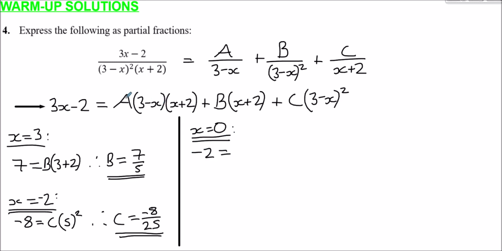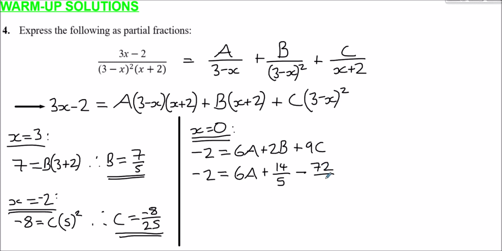If x is nothing, we just have a times 3 times 2, which is 6a, b times 2 is 2b, and c times 3 squared, which is 9c. We know what b and c are, so we can sub these in. So minus 2 equals 6a, whatever a might be. b is 7/5, so 2 lots of b will be 14/5. c was minus 8/25, so times 9, that gives us minus 72 over 25.